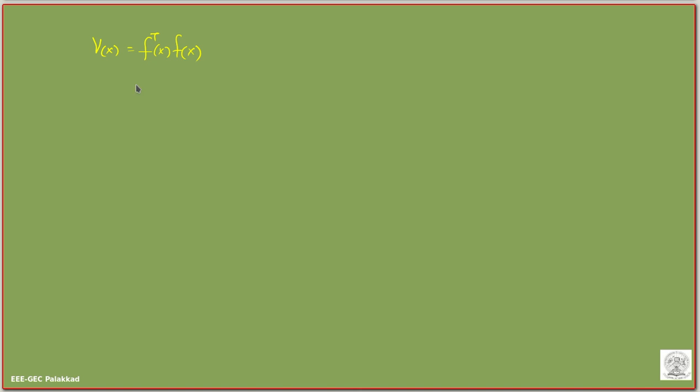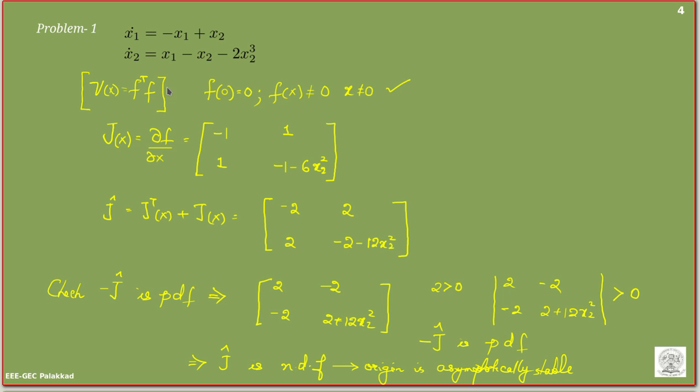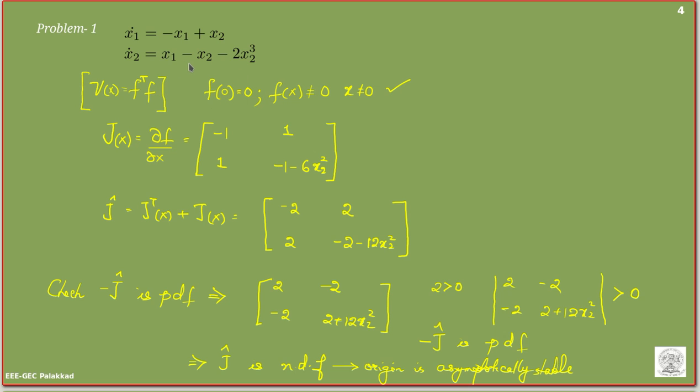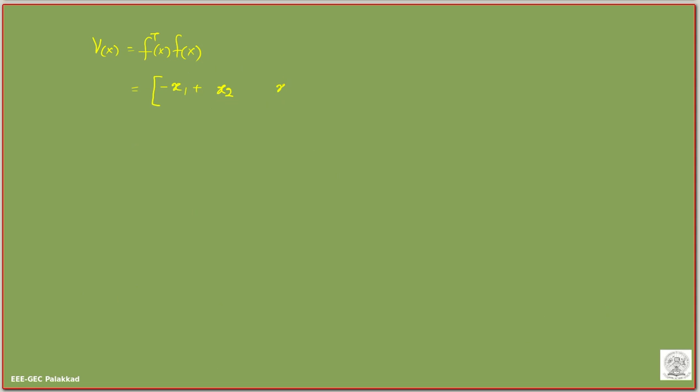So here you can write this as minus x1 plus x2, x1 minus x2 minus 2 x2 cubed, into this term, minus x1 plus x2, x1 minus x2 minus 2 x2 cubed. So what you get here is this squared plus this squared.